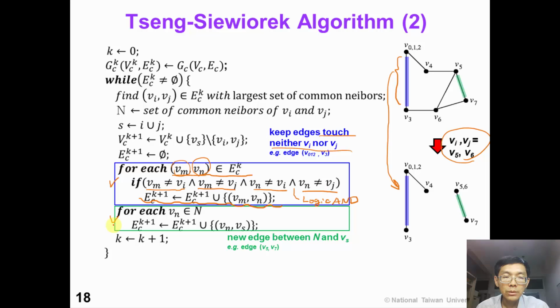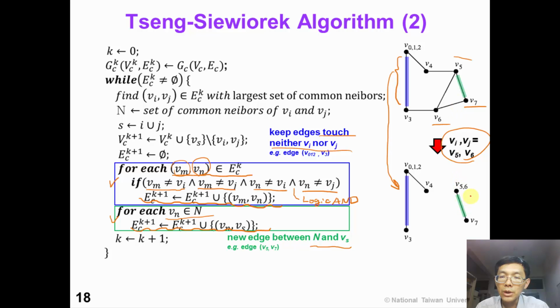In the green rectangle, we check those edges between the super vertex and the common neighbor. We insert a new edge between the common neighbor and the super vertex Vs. For example, vertex V7 is a common neighbor between V5 and V6.